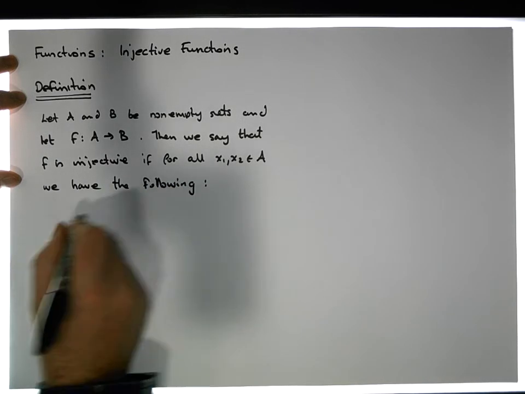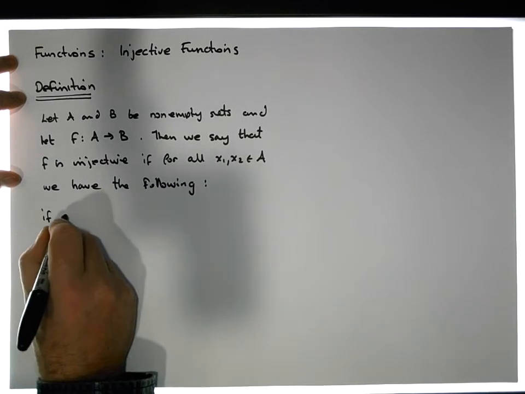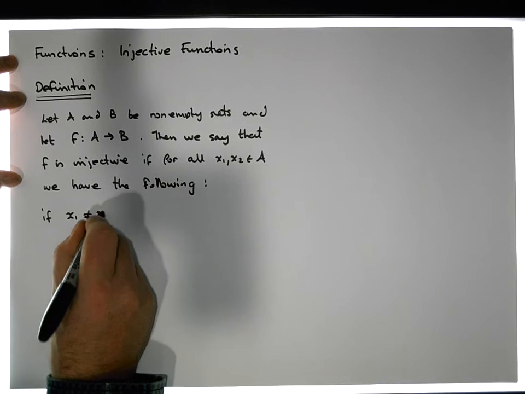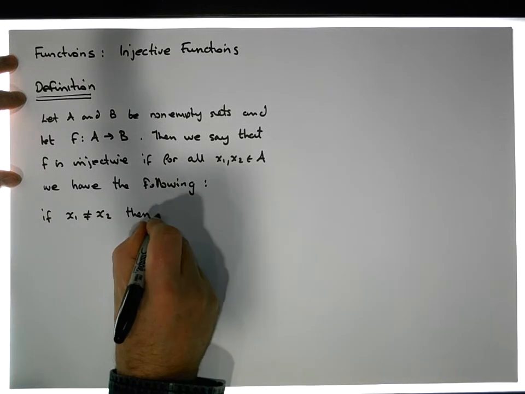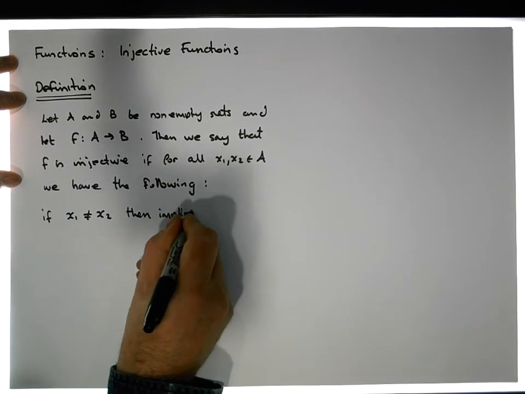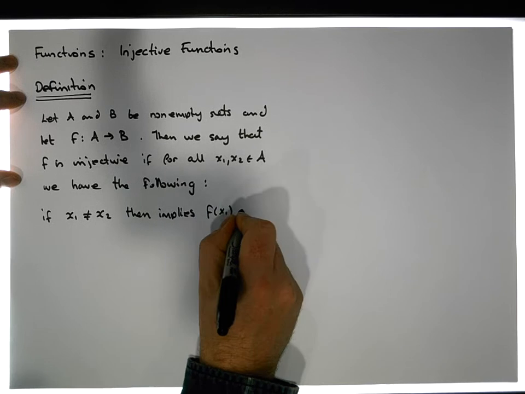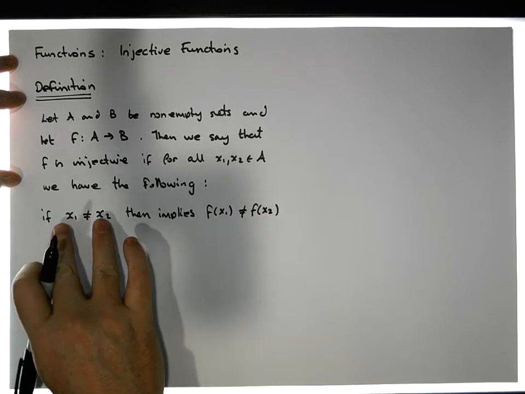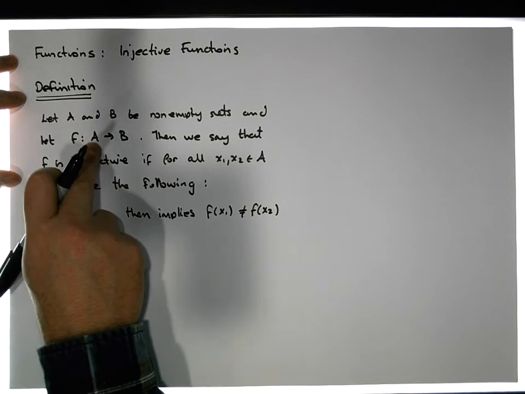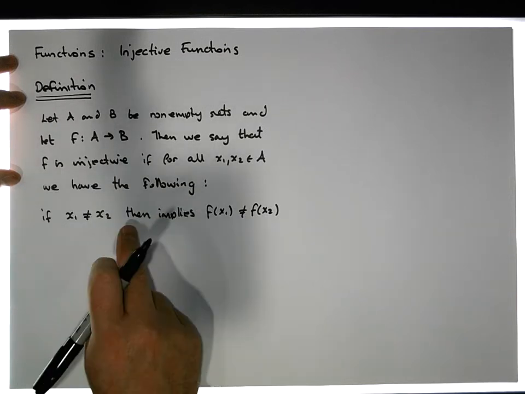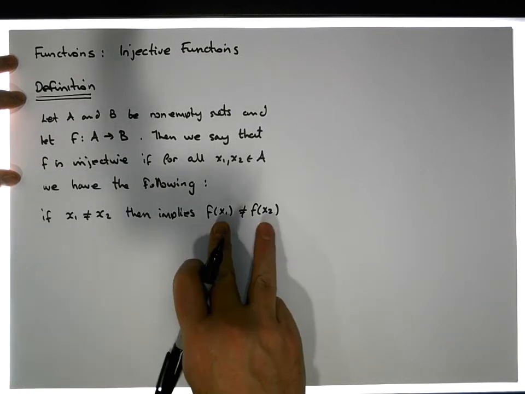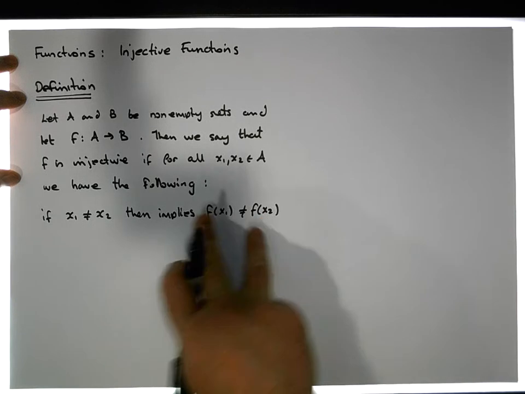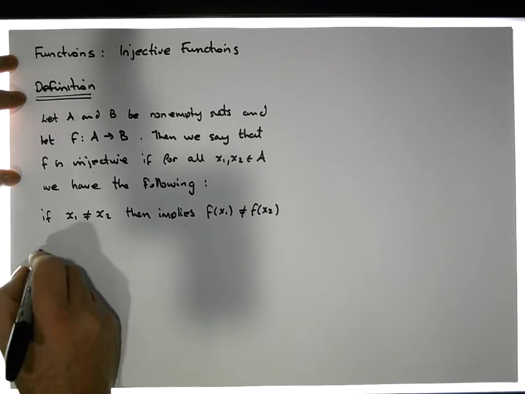The first: if x1 is not equal to x2, then this implies that f of x1 is not equal to f of x2. Which is basically saying that we have two separate values in our domain, and if we apply the mapping, then they are mapped to two separate values in the range.